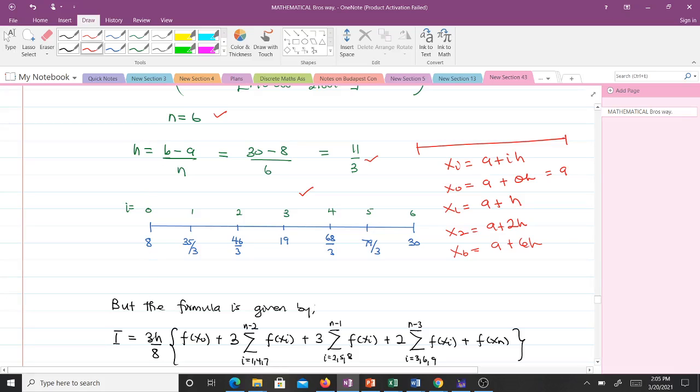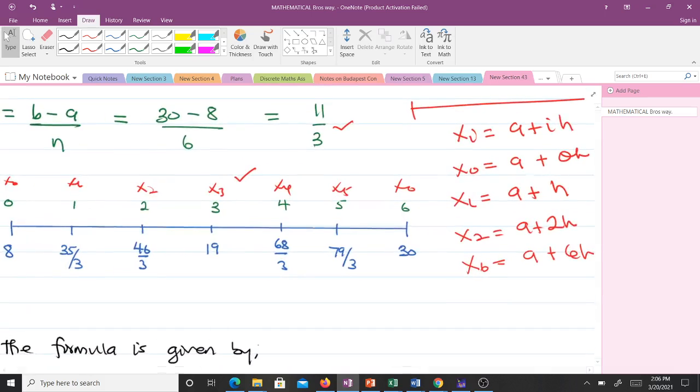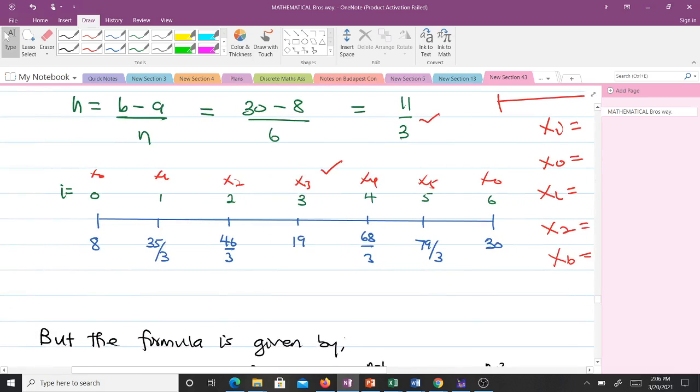Okay, so this is x0, x1, x2, x3, x4, x5, and x6. So these are the values for them. So x0 is 8, x1 is 35 on 3. Let me expand for you. x2 is 46 on 3, x3 is 19, x4 is 68 on 3, x5 is 79 on 3, and x6 is 30.